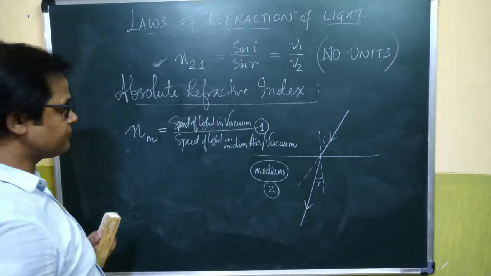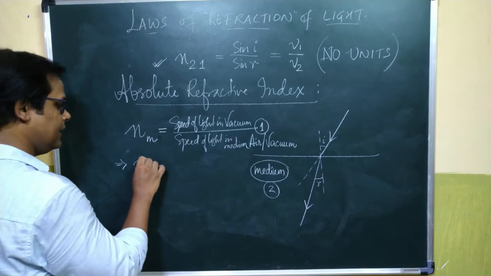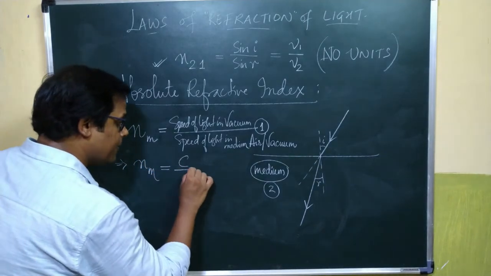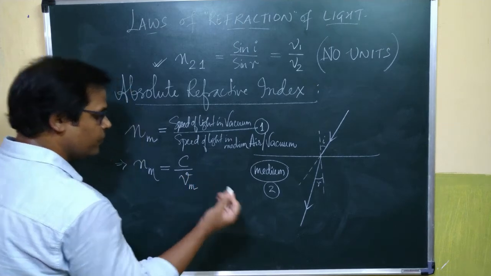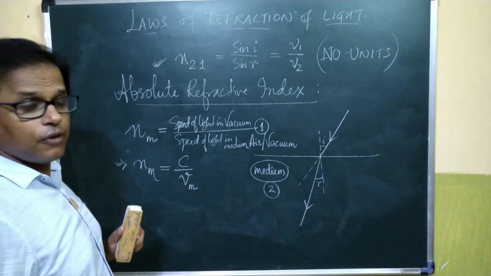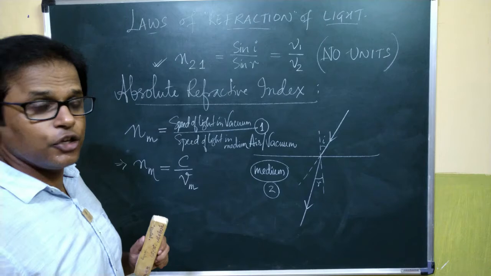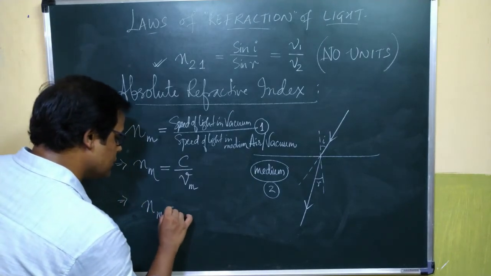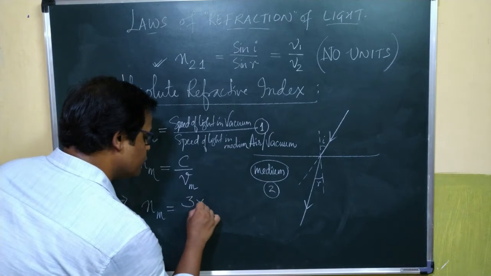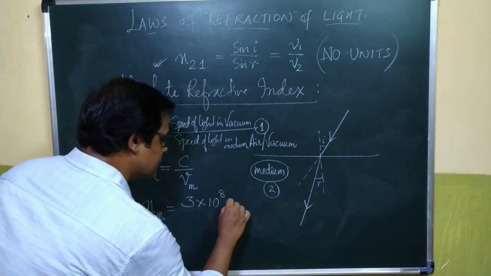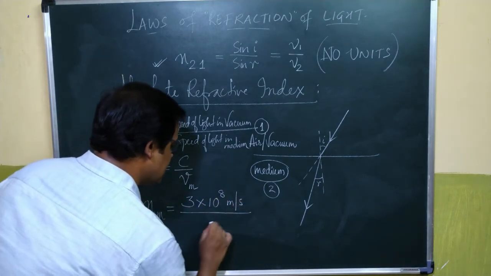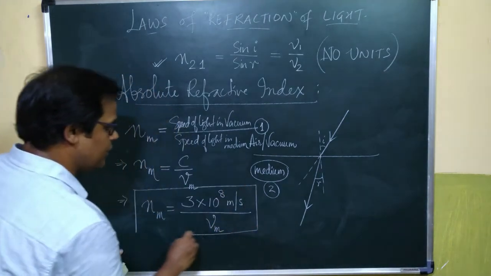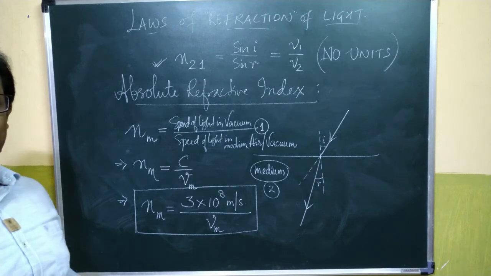Symbolically, it is written as nm equals c by vm, where c is the symbol for velocity or speed of light in vacuum or air, and that has a fixed number. It's a universal constant, and that number rounds off to 3 into 10 to the power 8 meters per second, divided by vm. So this is your ready-made formula for absolute refractive index.